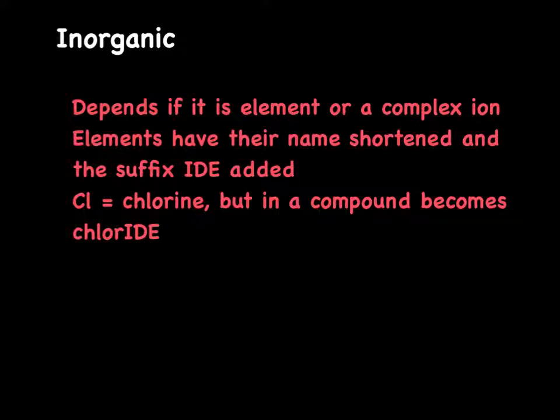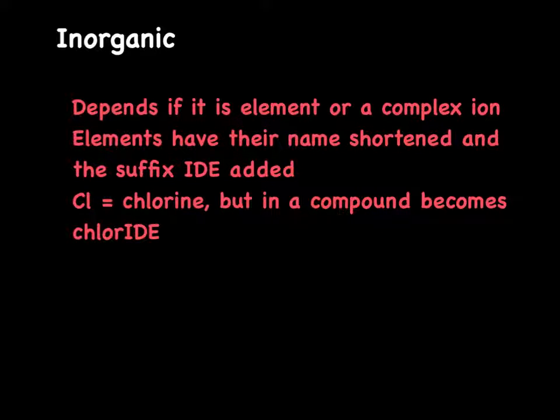If the element appears, then we simply shorten its name and add IDE. For example, if I've got NaCl, I would call it sodium, so I add the full name of sodium, and then chlorine becomes chloride. Alright?